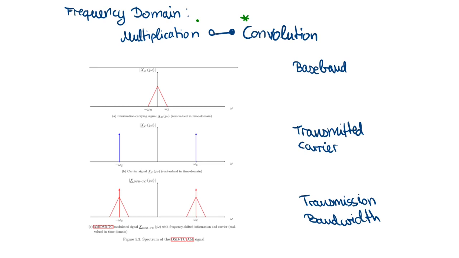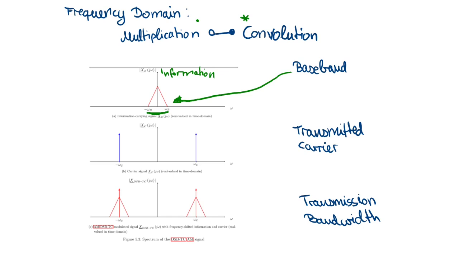And what does it mean for our signal? So we have the information here. This is the information, and it is distributed here in a band around 0, and this band is called baseband.